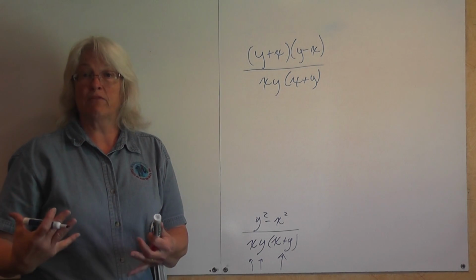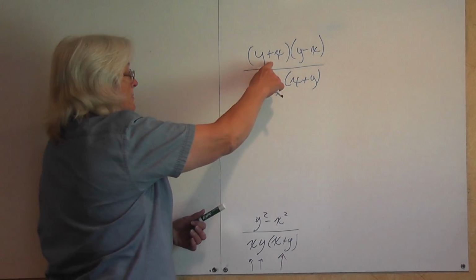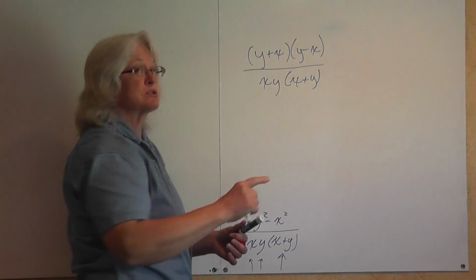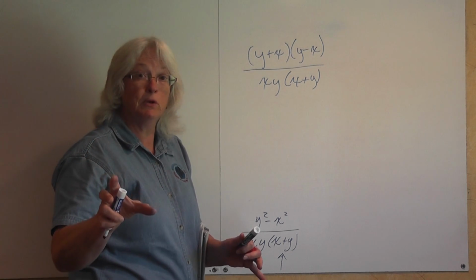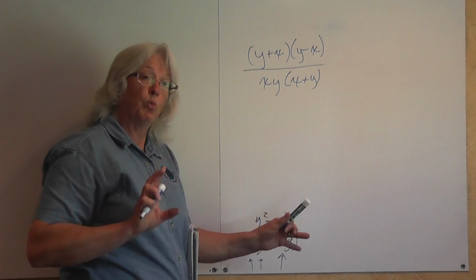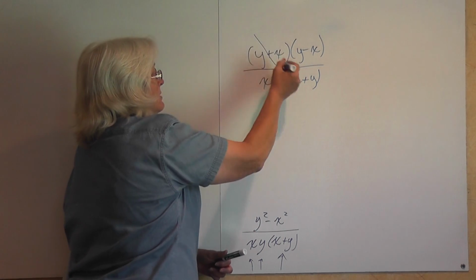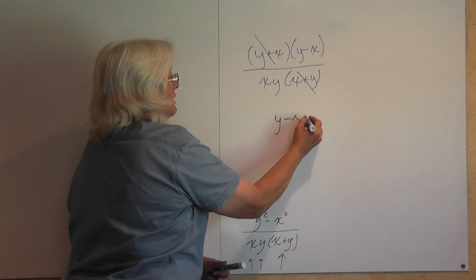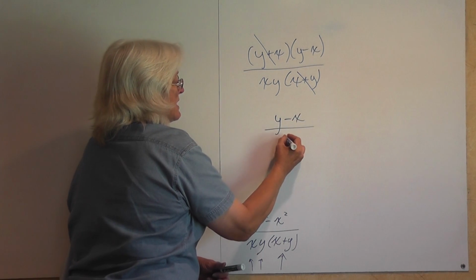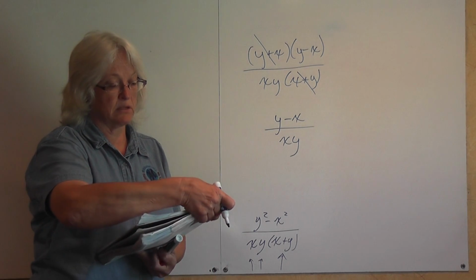Okay? Do we have common factors here? Yes, we do. Y plus x, x plus y. Those are identical because, remember, addition is commutative. Doesn't matter which order. So this is x plus y. So we have factors of x plus y in common, and our final answer is y minus x divided by the product x times y.